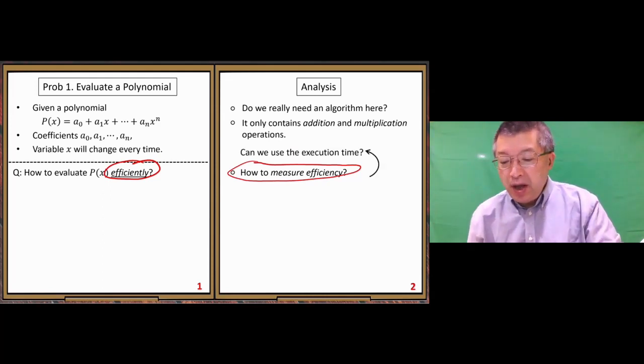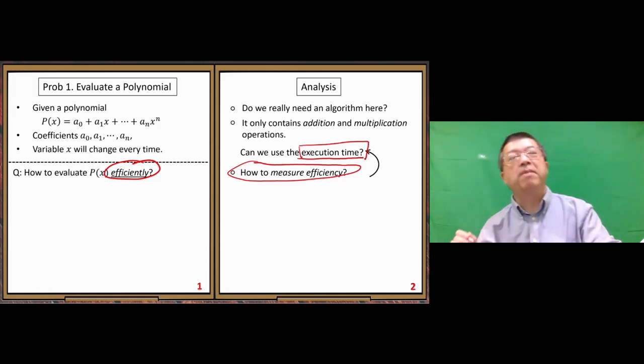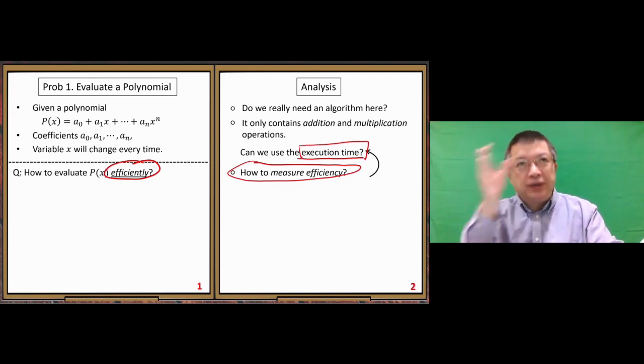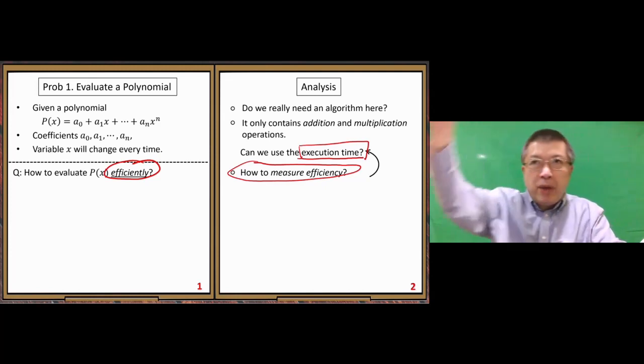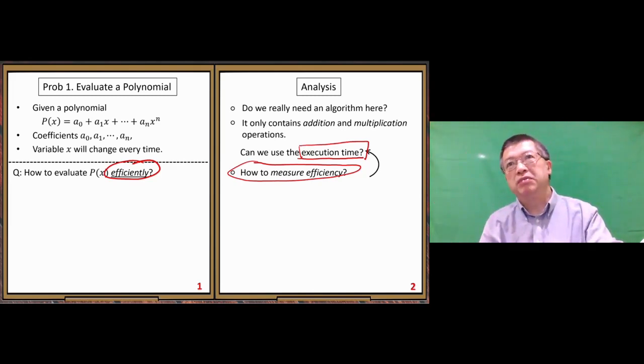Can we use the execution time? One straightforward way to measure efficiency is execution time. But if you think about all the possibilities related to execution time, you can see this is not a good measure.